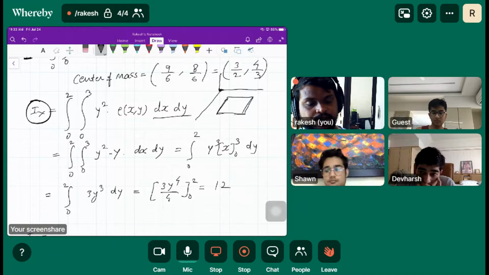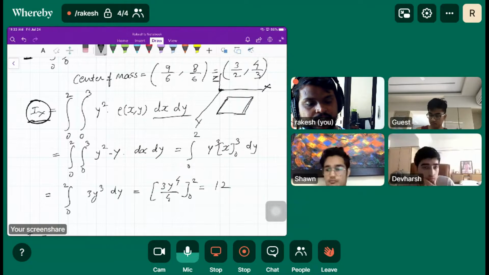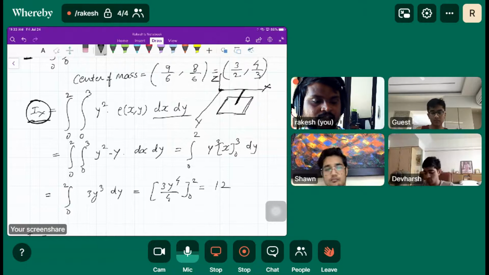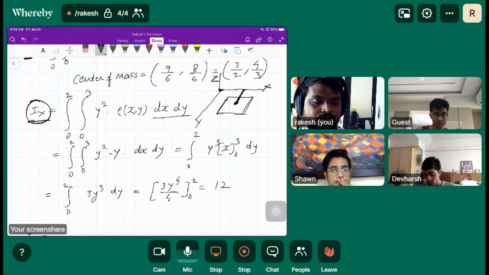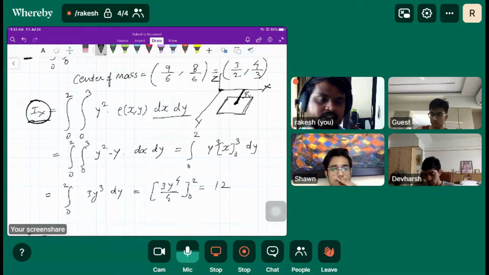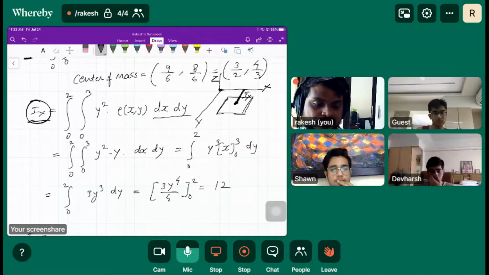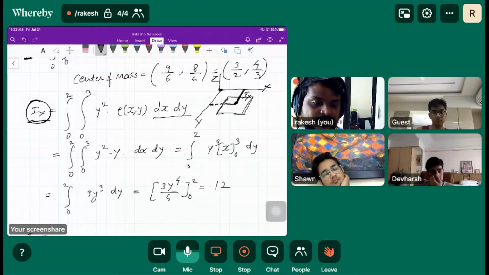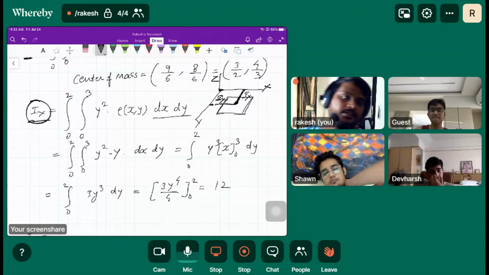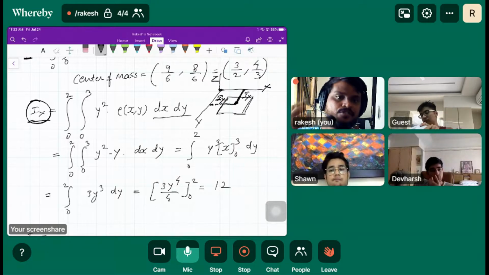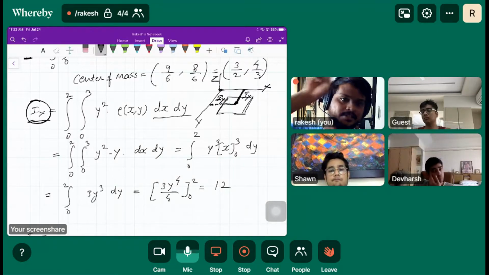Okay, this is x, this is y, this is z. So the distance of the center of mass from the x-axis is the radius of gyration about the x-axis, Ix. And the distance of the center of mass from the y-axis is the radius of gyration about the y-axis, Iy.